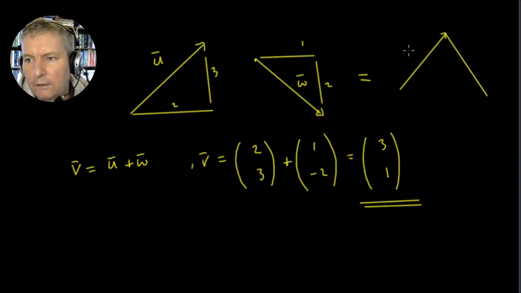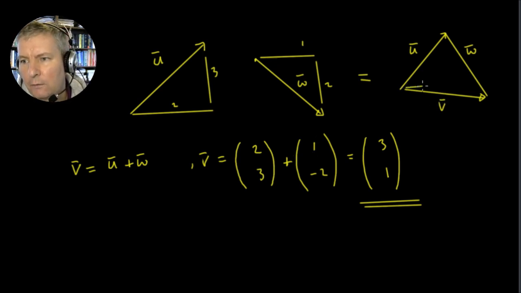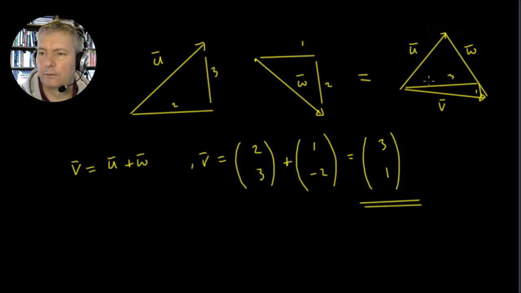So this will be our u, this is our w, and the resultant vector, that is the vector we get when we add both of them together, is this vector v. And you can see the vector v here is we go along 3 and we come down a value of 1. So this is the graphical or geometric representation of the algebra which we're doing here.